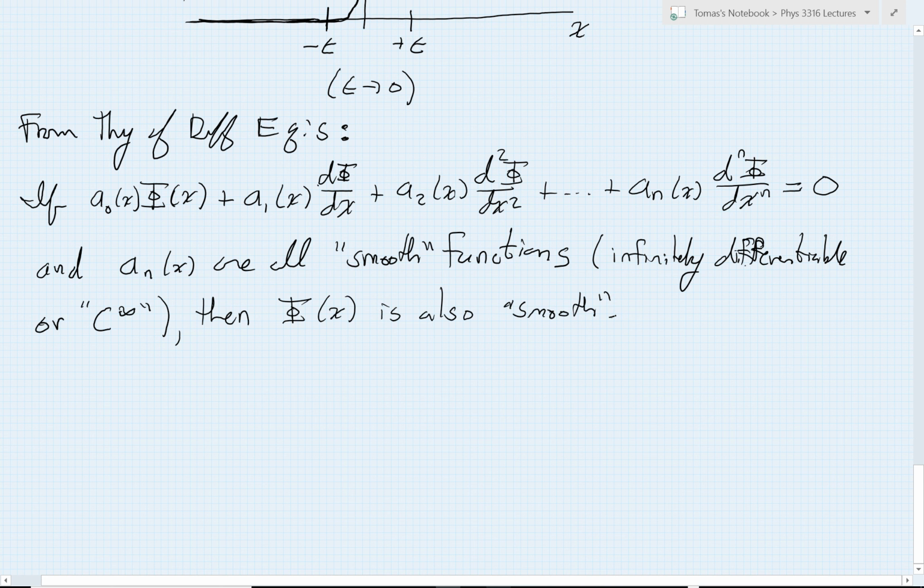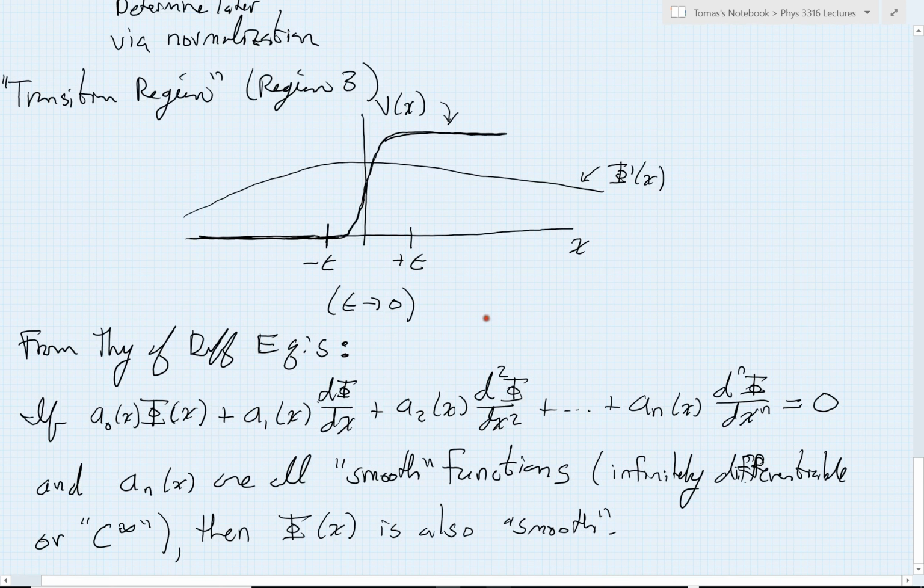So that's very handy. Once we go down to a scale where our potentials are smooth functions, we're guaranteed that our wave functions also will be smooth functions.